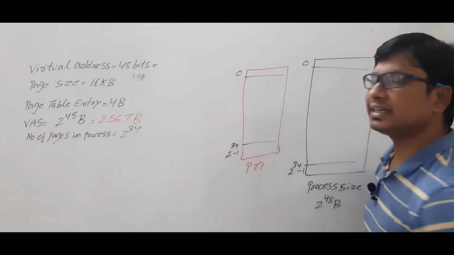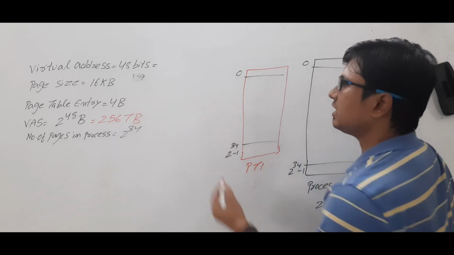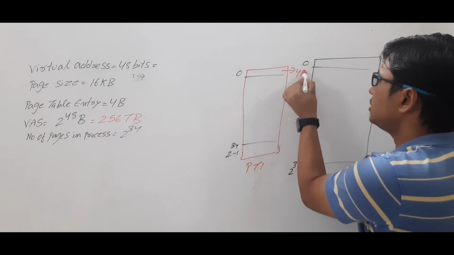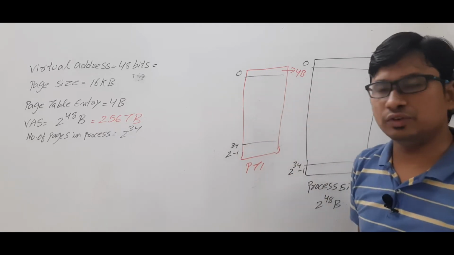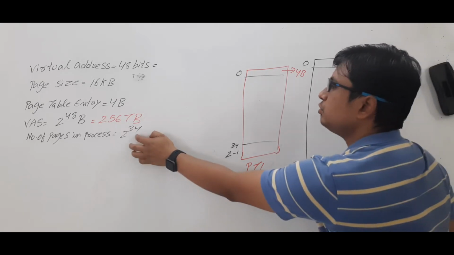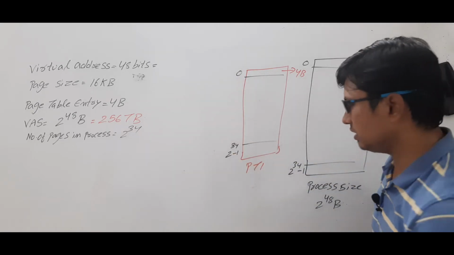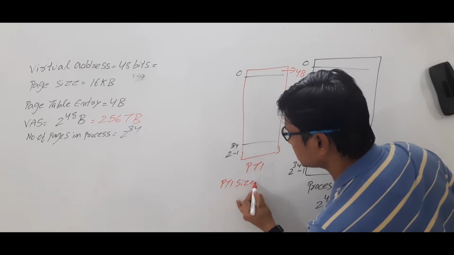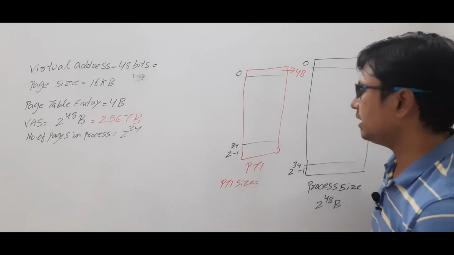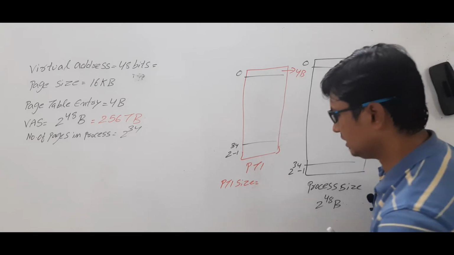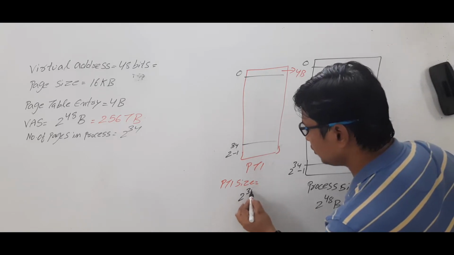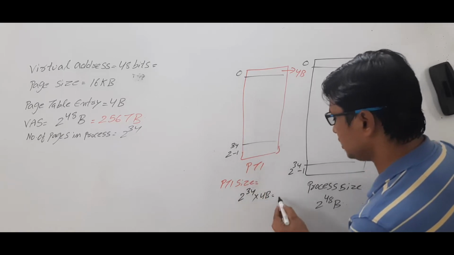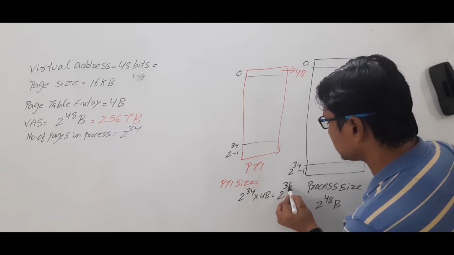If that many entries are there, and they have given the page table entry size as 4 bytes, so each entry is 4 bytes, and you have 2 power 34 entries. Then the page table 1 size is equal to the number of entries, which is 2 power 34, times the size of each entry, which is 4 bytes, which equals 2 power 36 bytes.